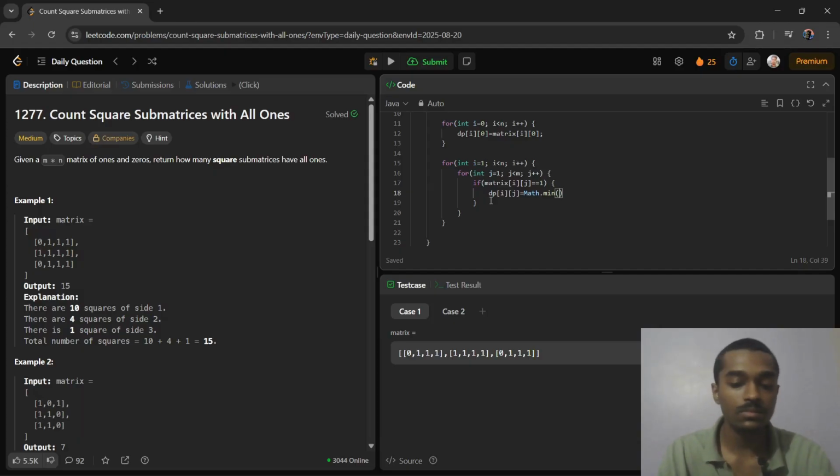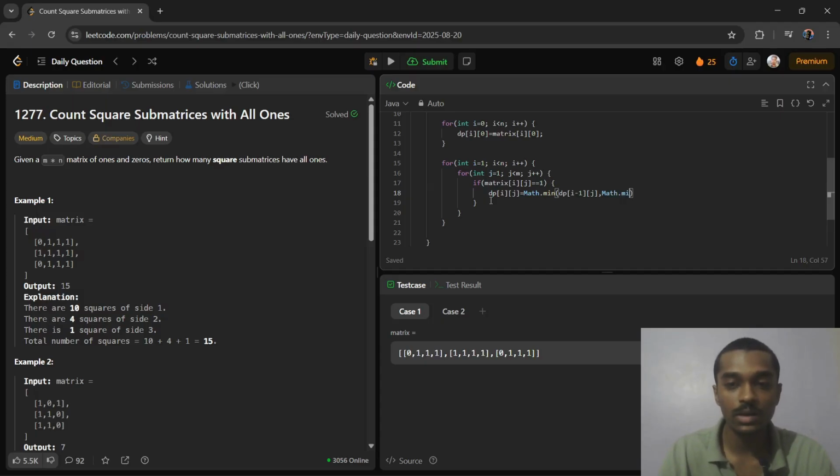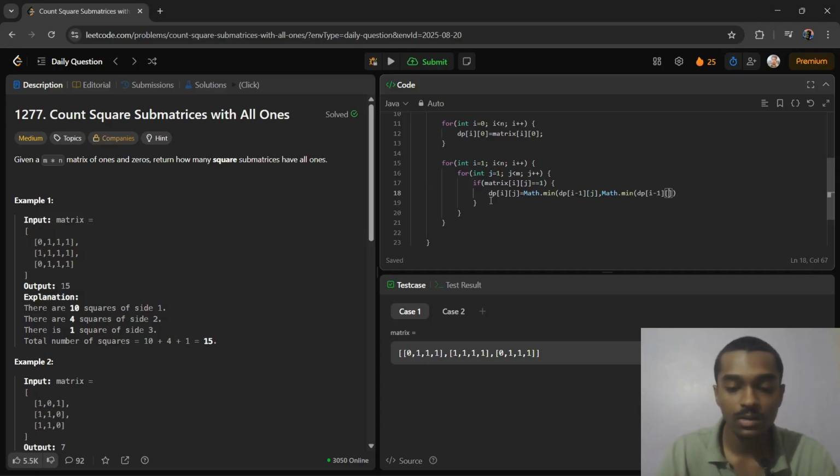How can we do that? dp of i minus 1, and the column stays the same. This is the minimum of these 3, so we have to put minimum again. The minimum of dp of i minus 1 and j minus 1, this is the diagonal, dp of i minus 1 and j minus 1.